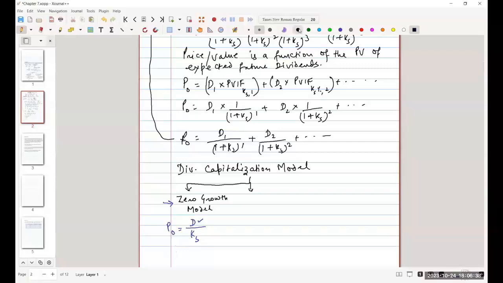The other possibility is that we say, okay, there is some growth, but growth remains constant. The dividends don't remain constant, they do grow, but the rate at which they are growing remains constant. So, constant growth model.